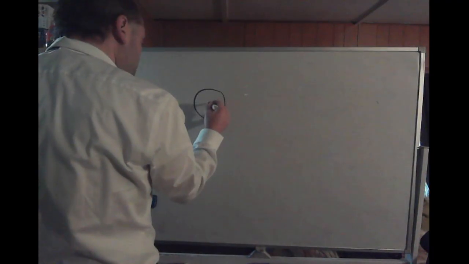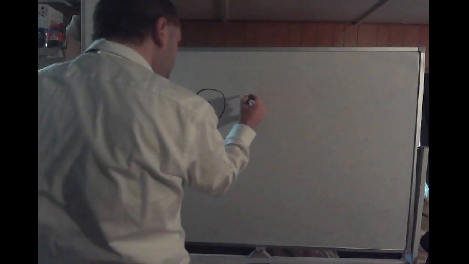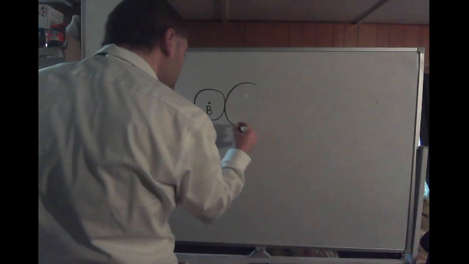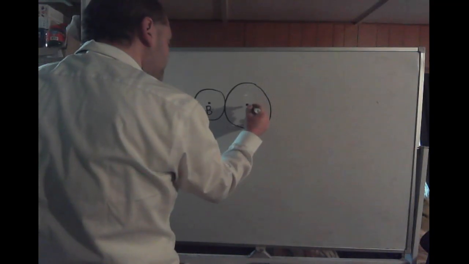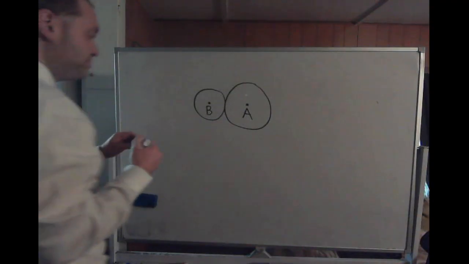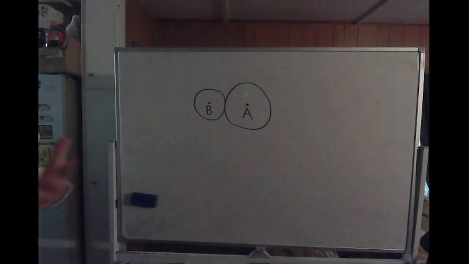So let's go ahead here. Let's draw some tangent circles. Okay, so we see these two circles touch, right?